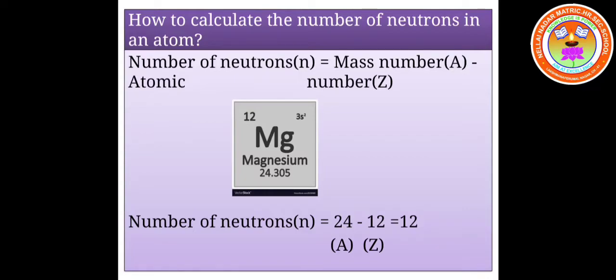Atomic number of the element magnesium is 12 and its relative mass number is 24.305, which is rounded off as 24. So instead of mass number substitute 24 and instead of atomic number substitute 12. So when we subtract atomic number from mass number, we get the number of neutrons present in an atom.